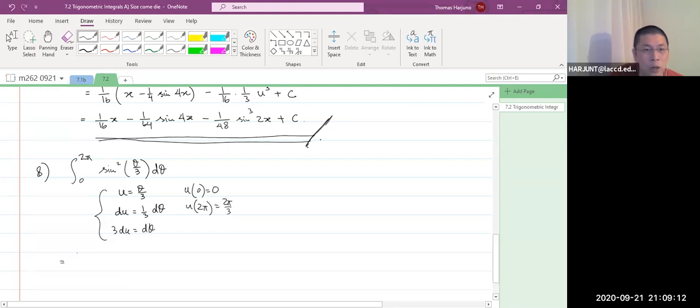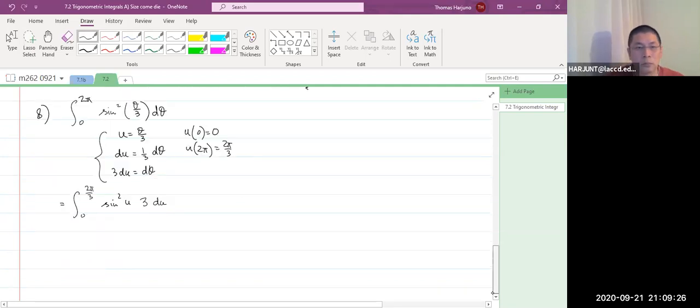So the integral now becomes 0 to 2 pi over 3 sine squared u 3 du. And is it sine cube? Yeah, that's sine cube. Okay, so actually this one is no fun. Oh, this is 3 times integral from 0 to 2 pi over 3, 1 minus cosine 2u over 2 du.